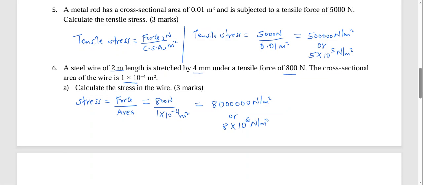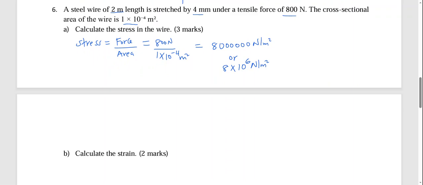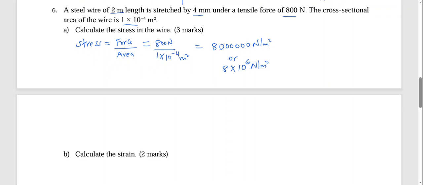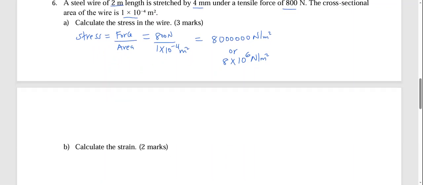Now you can look at question number 6b. Calculate the strain. Therefore, we recall the formula of strain. Strain is given by change in length all over original length, and for this case our change in length is the 4 millimeters.